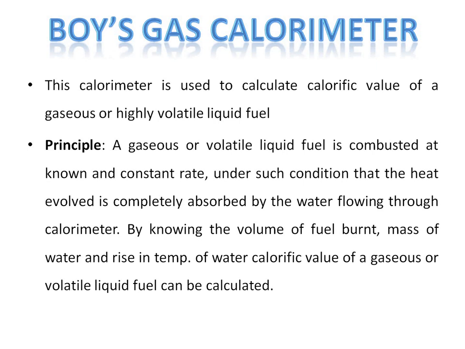The heat produced by combustion of the fuel is completely absorbed by the water flowing through the calorimeter. By knowing the volume of gas burnt in time t, the mass of water collected in time t, and the rise in temperature of the water, the calorific value of a gaseous or volatile liquid fuel can be calculated.